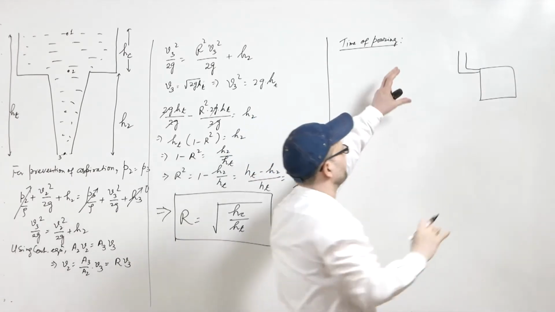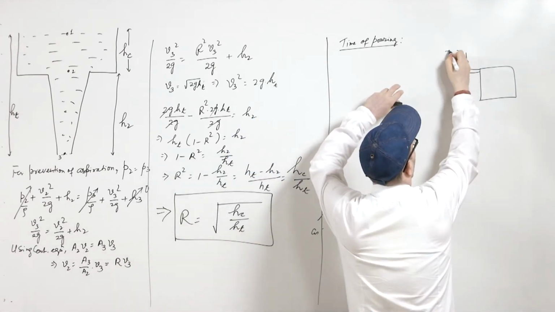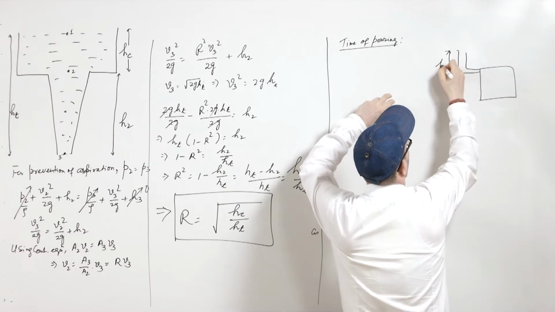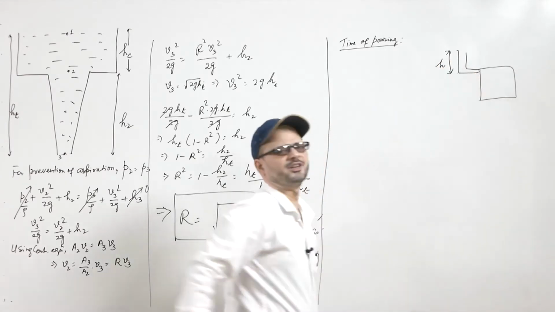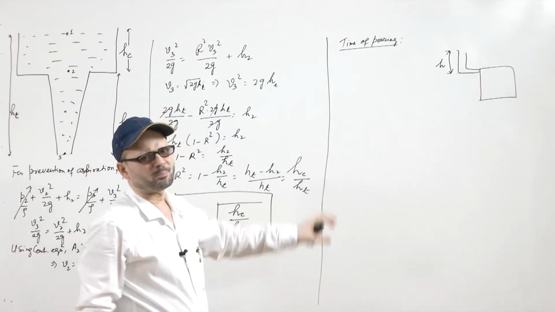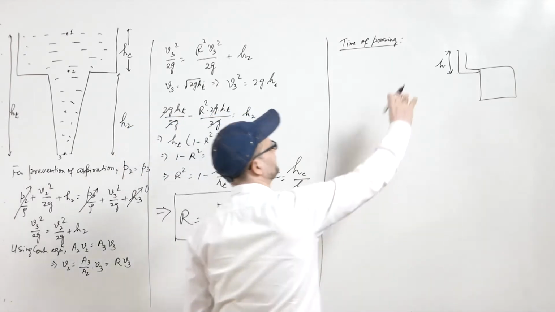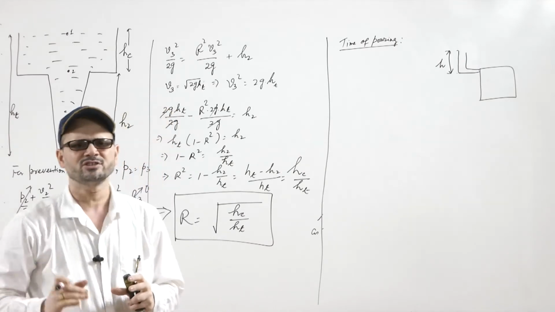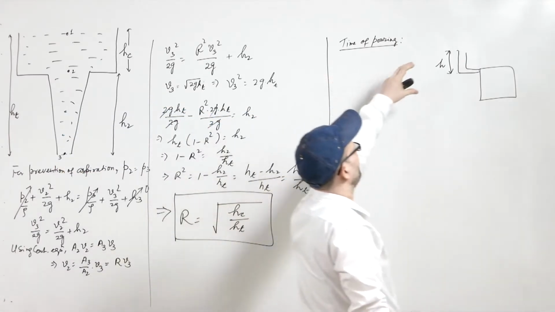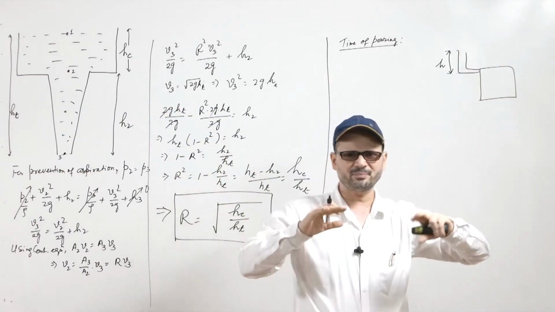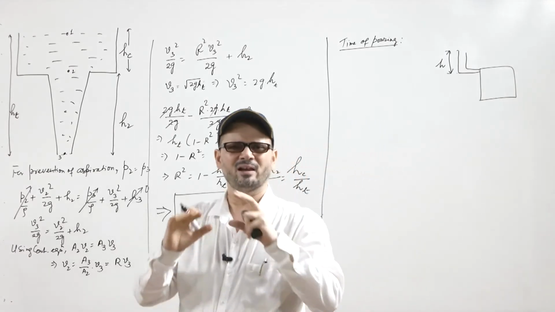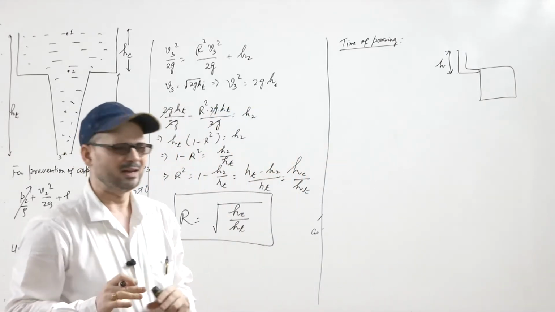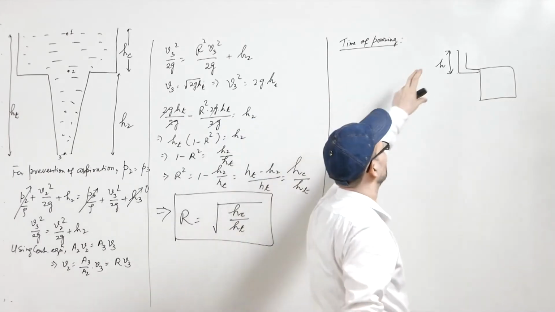If you know this head, you can find the velocity here. If the pouring basin maintains the fluid level at a certain value, then this head will not change.